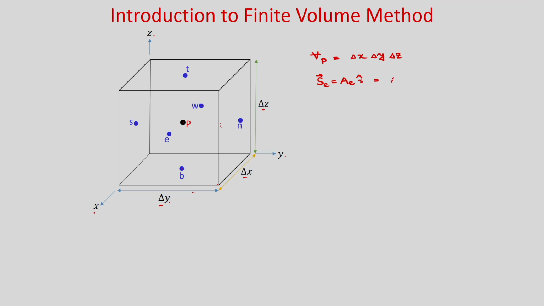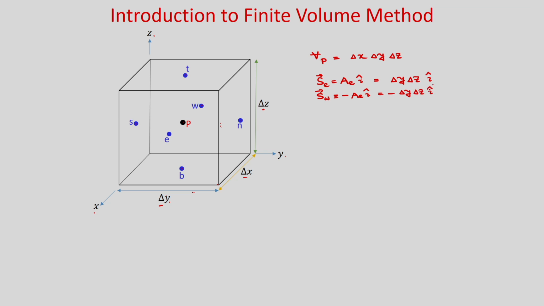So it will be delta y into delta z into i. So A E is nothing but delta y into delta z. Similarly you can write S W. Now for the west face, the normal is obviously in the negative x direction, so you can write minus A W i, and it will be minus delta y into delta z i.